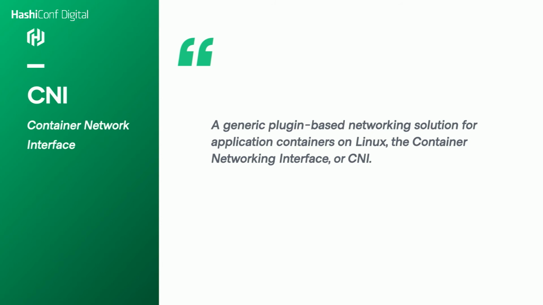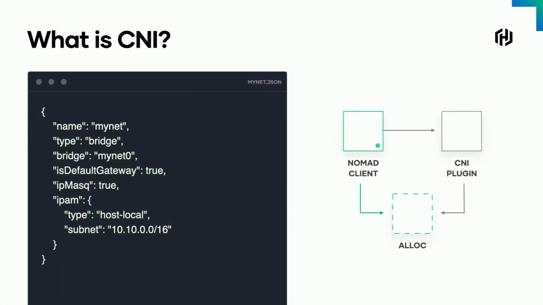So let's talk about how this works a little bit. When you want to use a CNI plugin, you have to define a CNI configuration, and that's the configuration on this screen. You give it a name, the type of plugin it is, and then additional parameters for that plugin. In this example, we're using the bridge plugin, which creates a virtual interface and joins it with a bridge on the host.